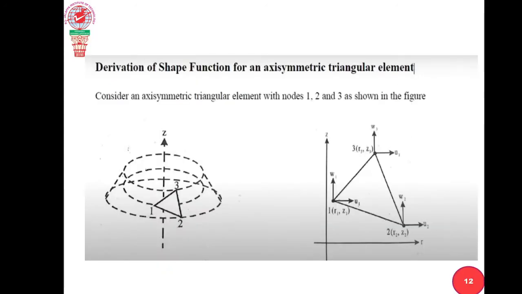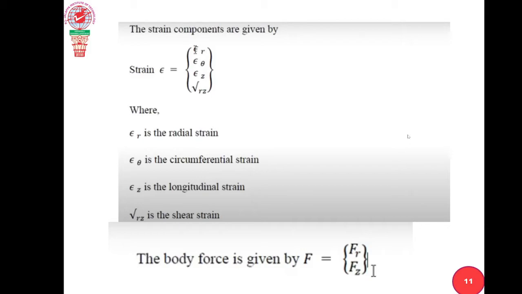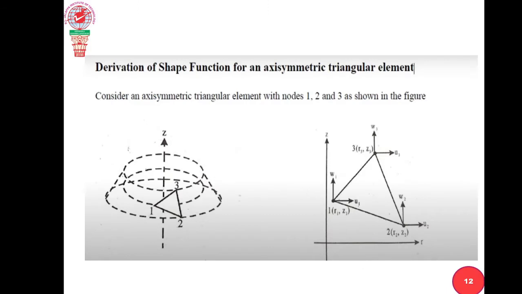Even the forces we consider along two directions only, r and z, not theta. All the circumferential variation we are going to neglect. That's all. That is about axisymmetric elements and their principles or properties. Is it clear?